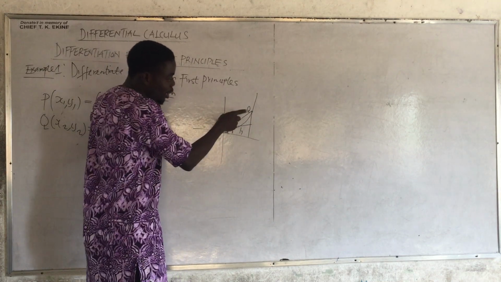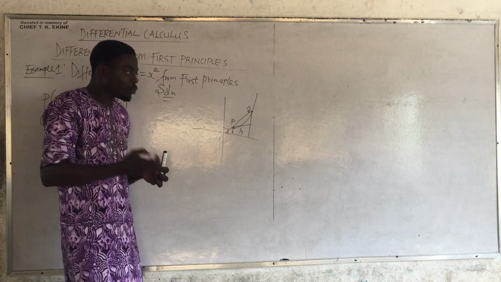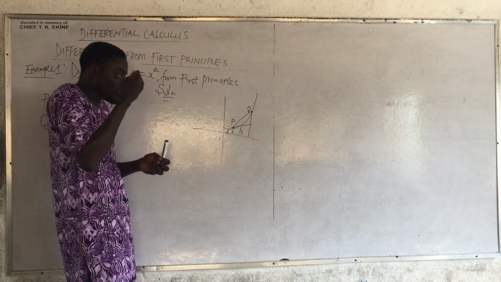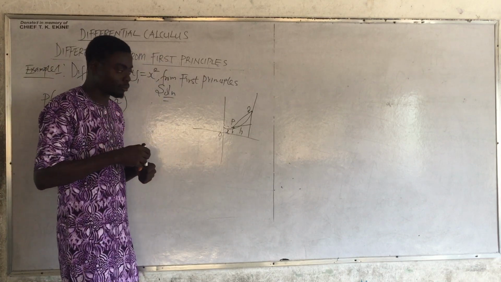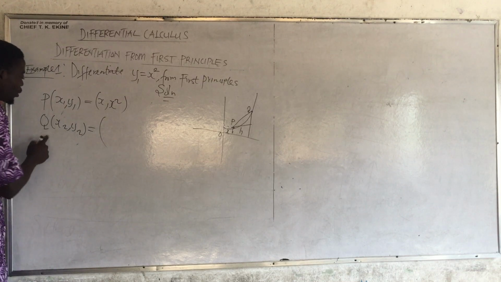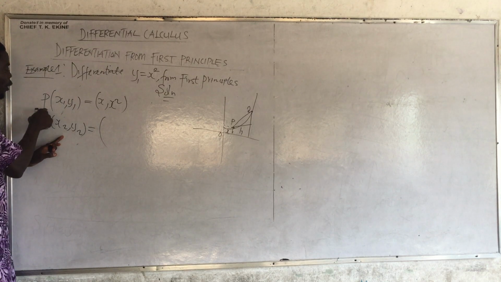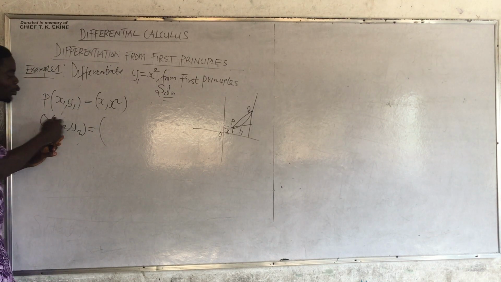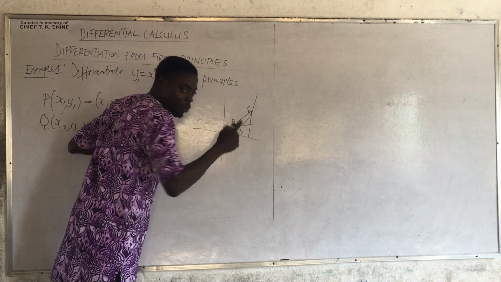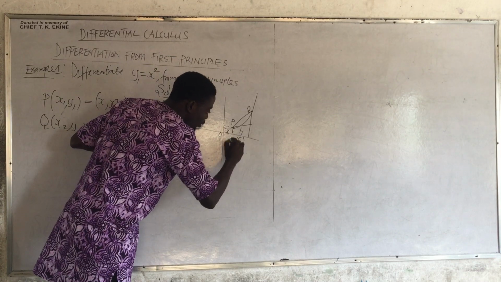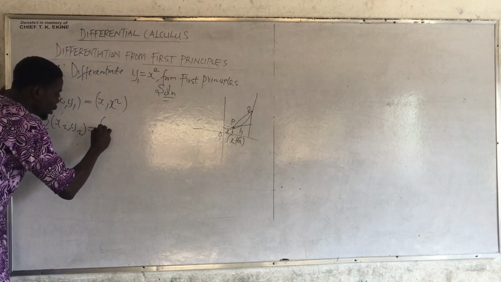If I bring Q here, I'll have a line that reduces the size of h. So h must be becoming smaller and must tend to 0. Take note of that. Pertaining to the second point, for P it is x, so for Q, x2 will be the sum of x plus h, being your x-axis. So in place of x2, put x plus h.